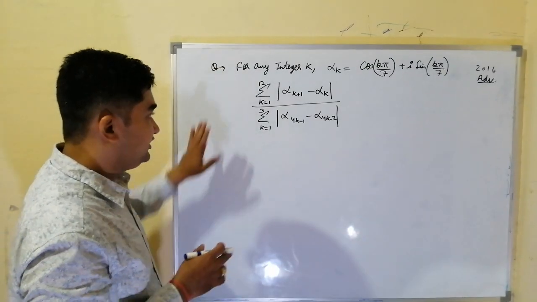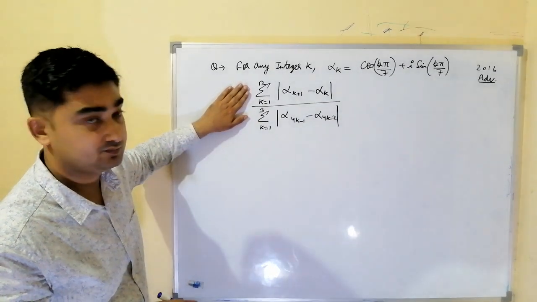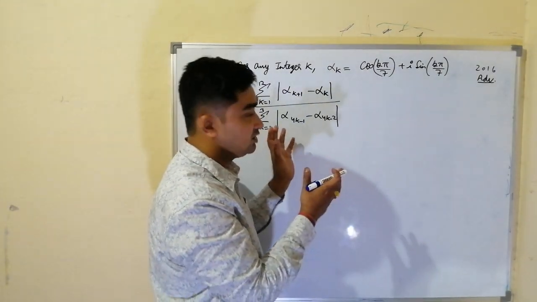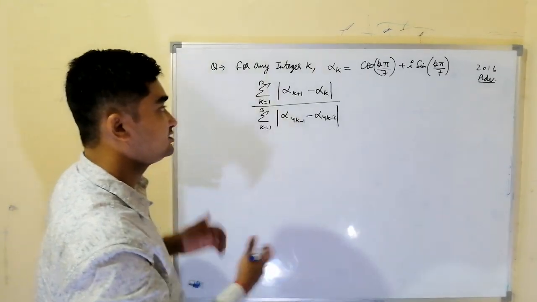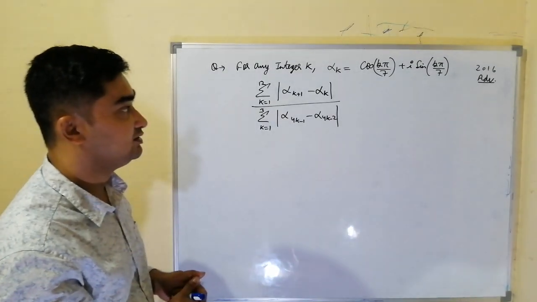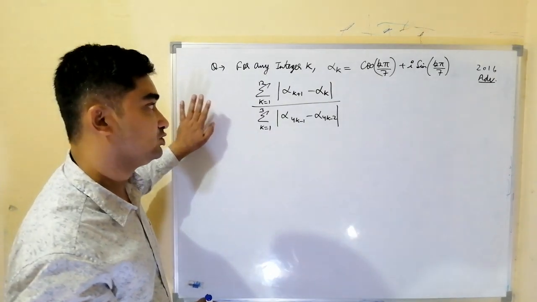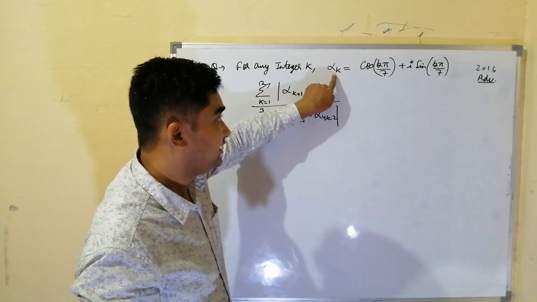So initially if you look at this problem it will look difficult, because if you put some formulas for modulus of a complex number and expand this, then it will become complicated. But actually this is a very easy problem. Why so? Look at alpha k.